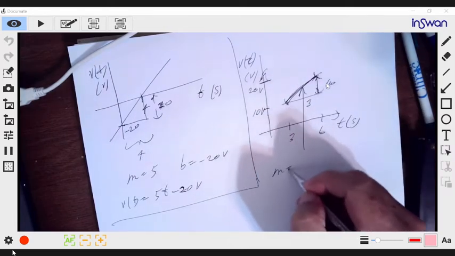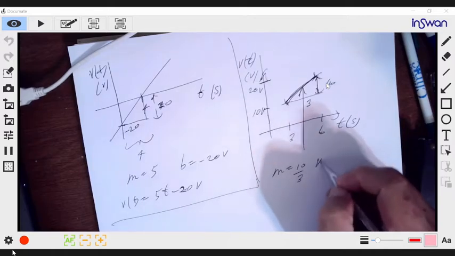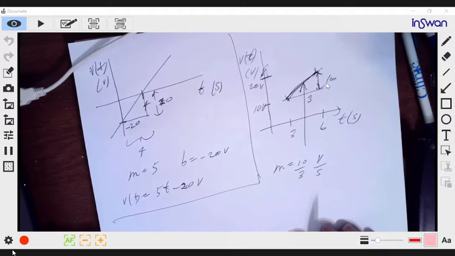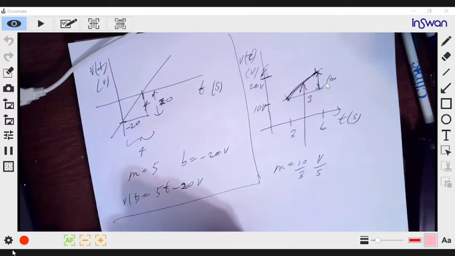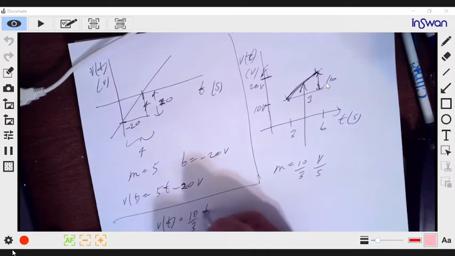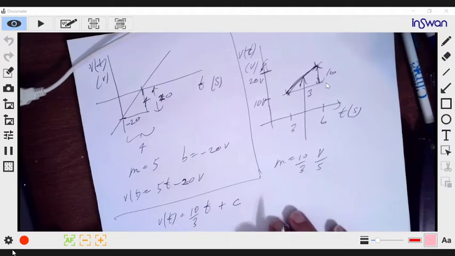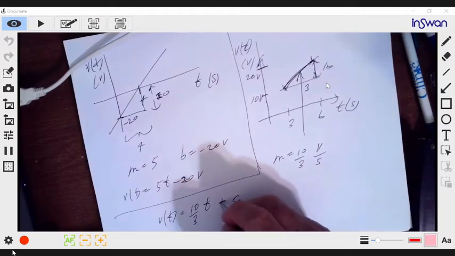So m equals 10/3 volts per second. The 10 is volts, and the horizontal is time. So v of t equals 10/3 t plus c. I usually use c for the intercept, but if you want to use b, that's fine.